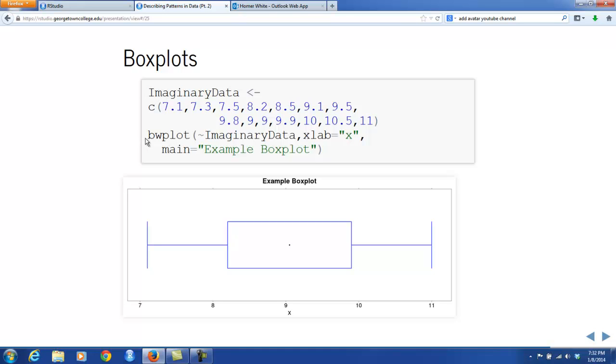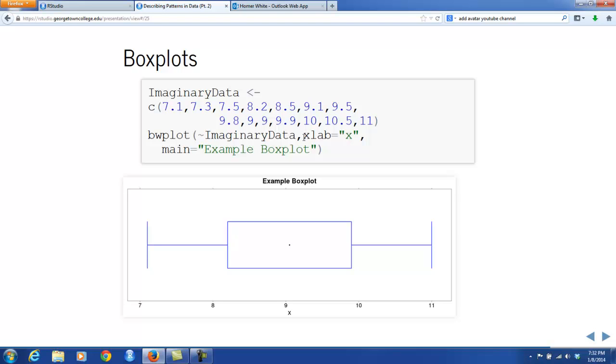So we'll make a box plot of imaginary data. Notice the formula input here. Since this variable is already present inside of our global environment simply by fact of having created this object, we don't need to provide some sort of data equals argument. R knows to look inside of its global environment to find imaginary data.